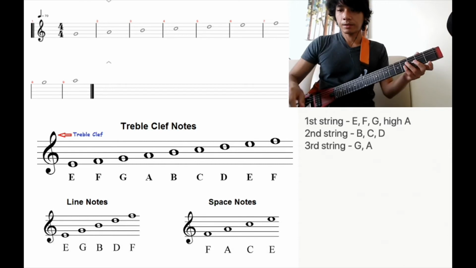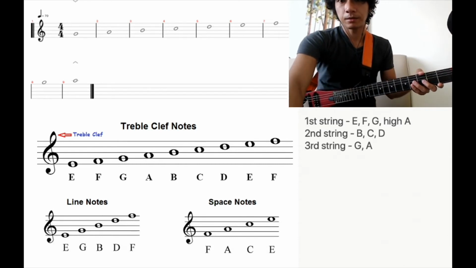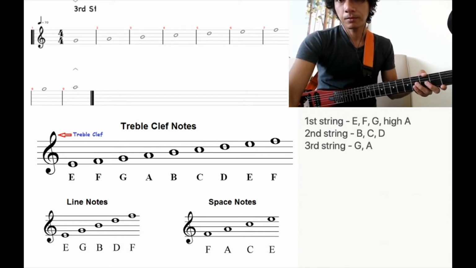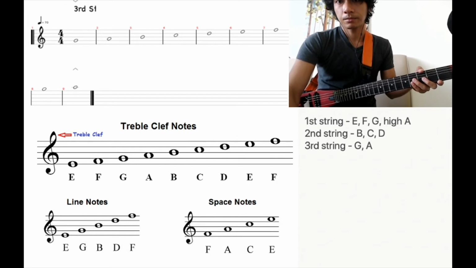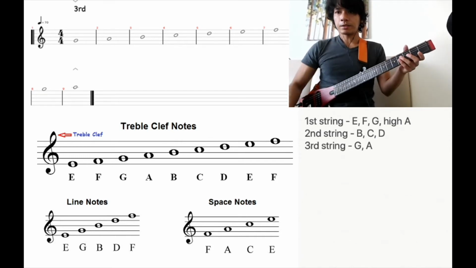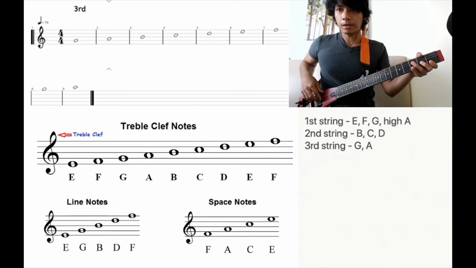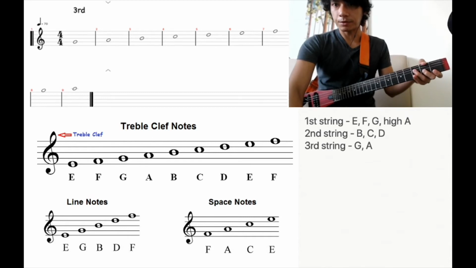Let me just label this. I'm just going to put third over there, which means third string. So on the third string we have two notes. We have G and we have A. Let me move the score down this way.